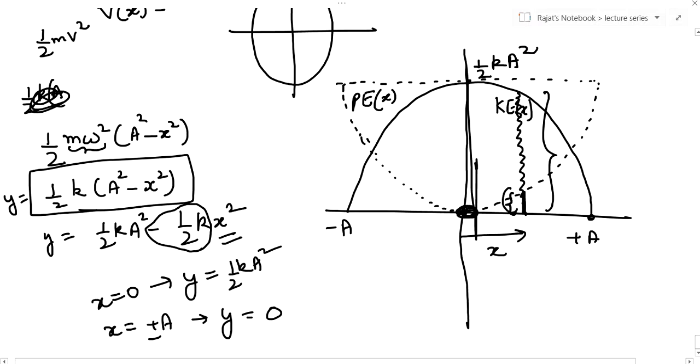If I take this potential energy and put it here, the total value will be equal to this value, which is half k a square. So the total energy remains constant at any particular x. The potential energy added to the kinetic energy is a constant.